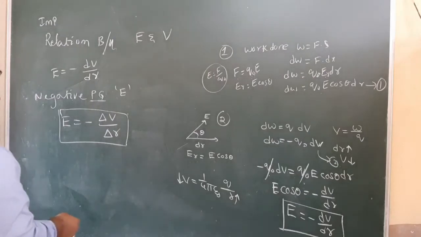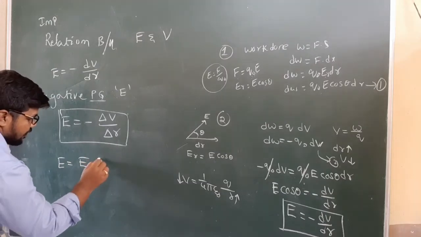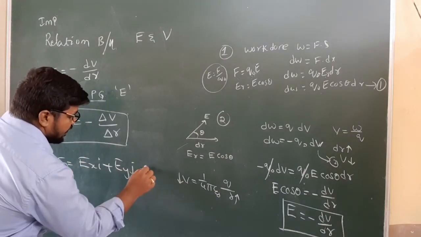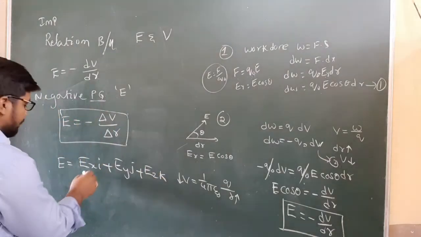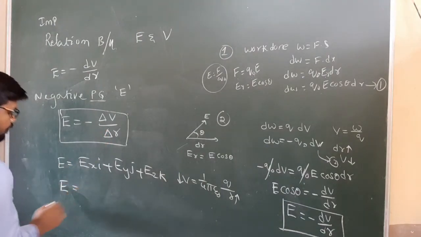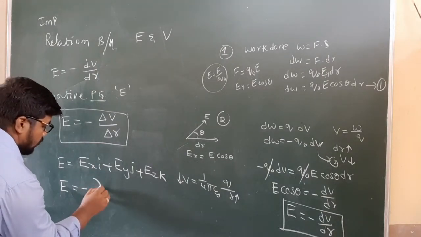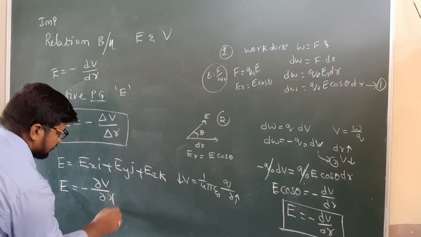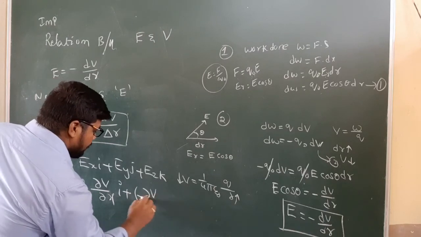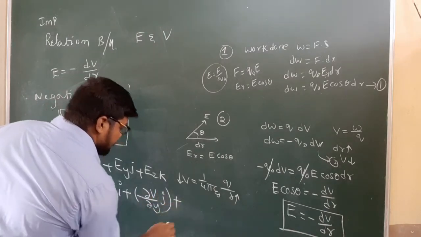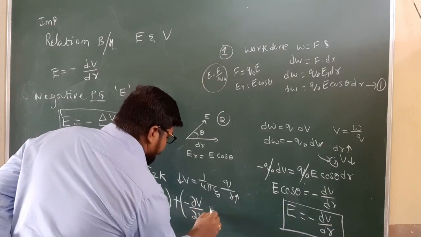If we take electric field E is equal to Ex i plus Ey j plus Ez k, the formula changes: E is equal to minus dou V by dou x i minus dou V by dou y j minus dou V by dou z k.